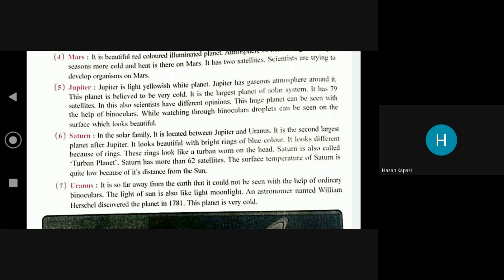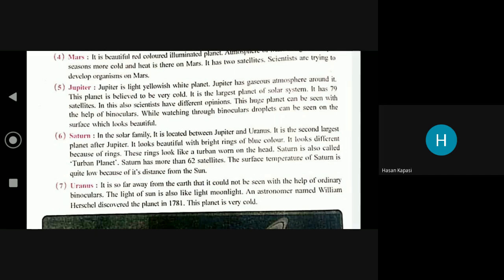An astronomer named William Herschel discovered the planet in 1781. This planet is very old.